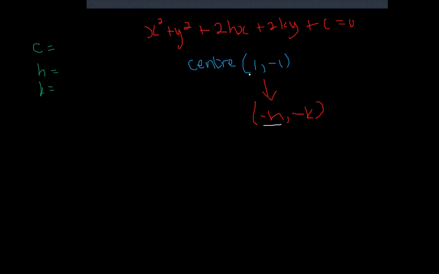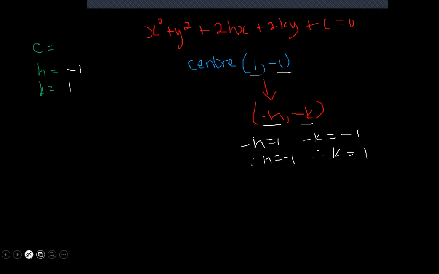So if minus h is equal to 1, therefore h has to be equal to minus 1. And if minus k is minus 1, therefore k has to be equal to 1. So I can write here h is minus 1 and k is 1.